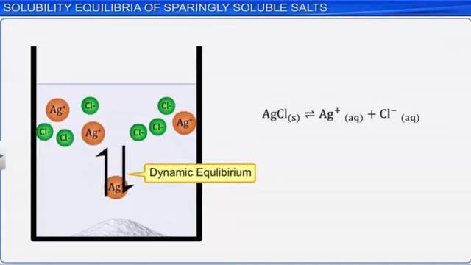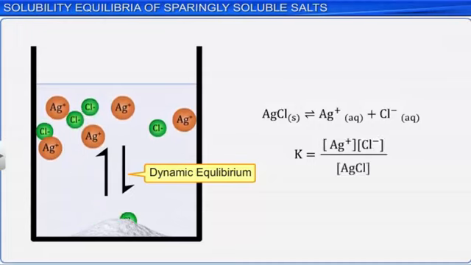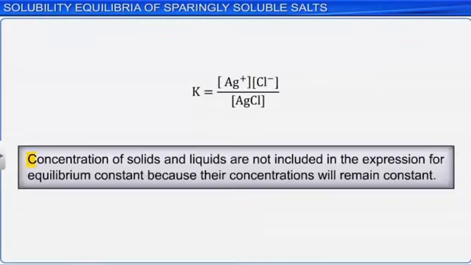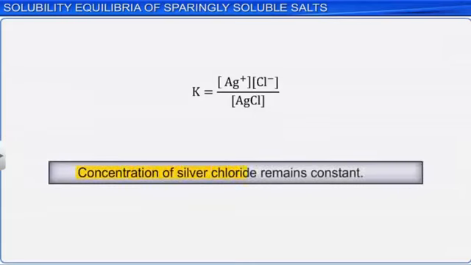The equilibrium constant for this equilibrium can be written as K equal to the product of concentrations of silver ion and chloride ion divided by the concentration of silver chloride. You have learned that the concentrations of solids and liquids are not included in the expression for equilibrium constant because their concentrations will remain constant.